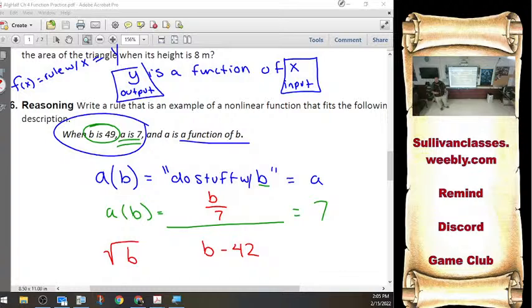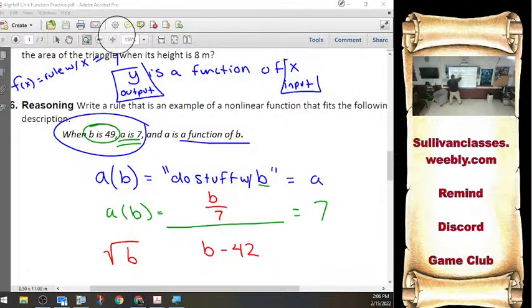So there's a whole bunch you could do. And you could get more complicated with it. You could just start going math crazy on it and make up the most ugly, complicated, big expression you want to think of. Go for it. It's not necessary. Any of those work. As long as I can throw in B and it spits out 7, you have followed the rules. Okay?